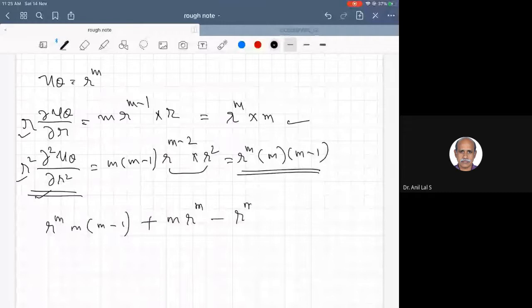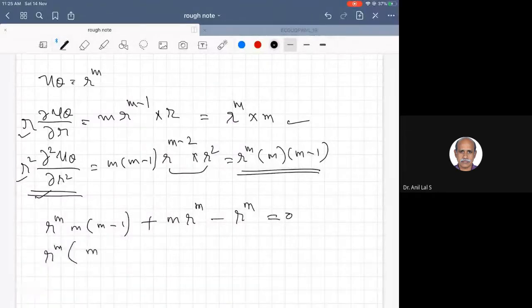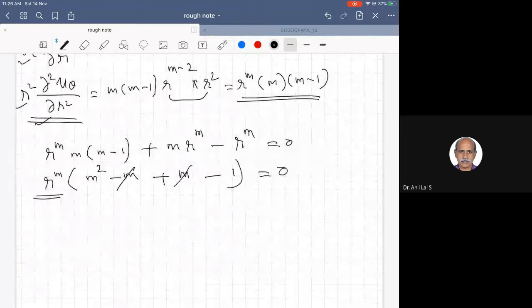This is our differential equation. So everywhere take r raised to m outside. This is m squared minus m, there is an m here, there is a minus 1. Equal to 0. So r raised to m is the solution which we are looking for.